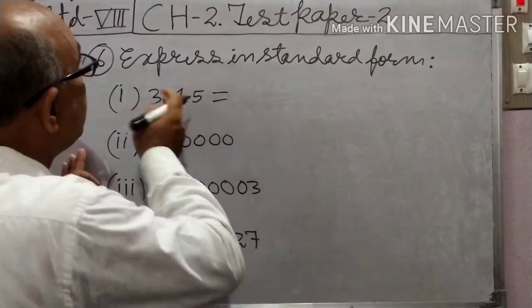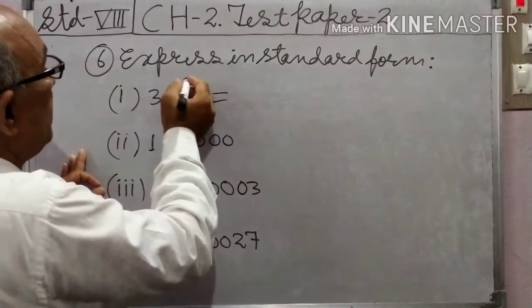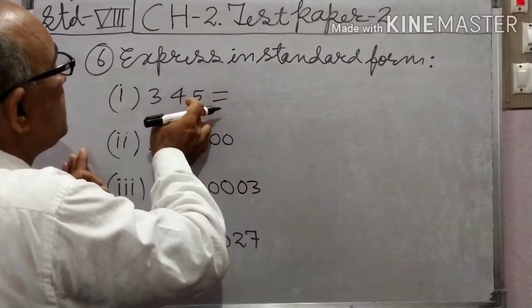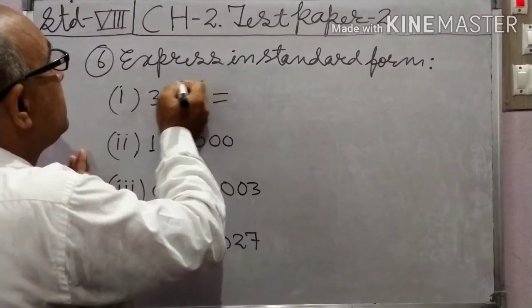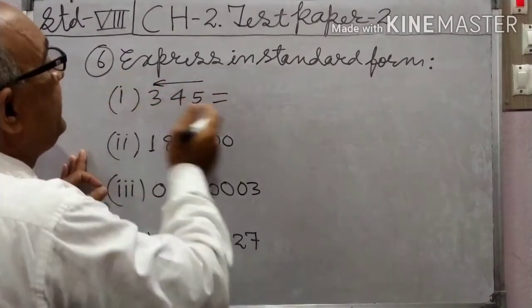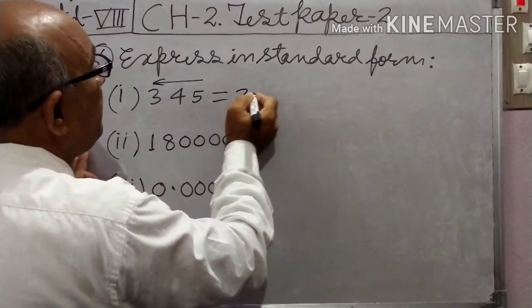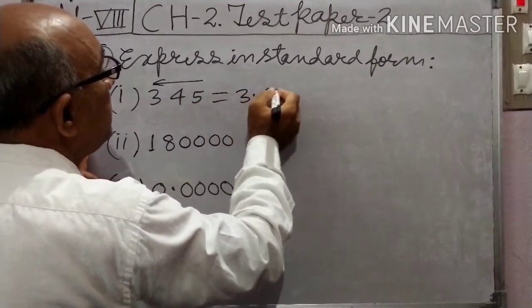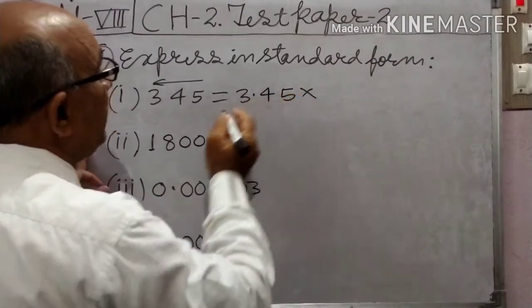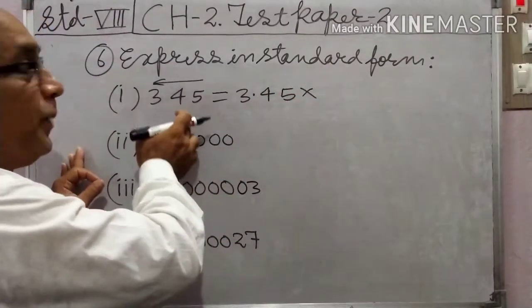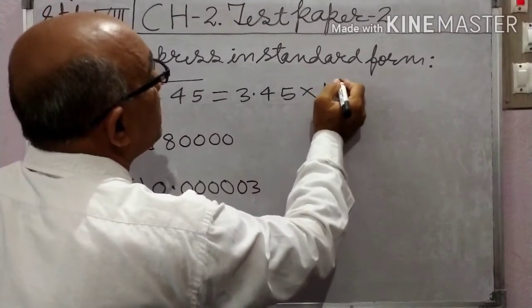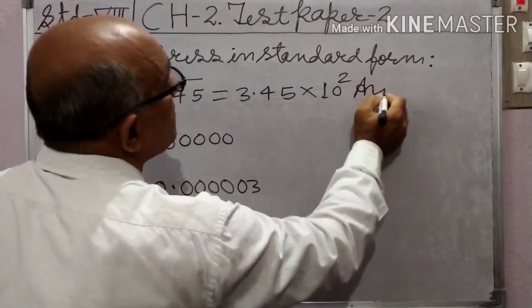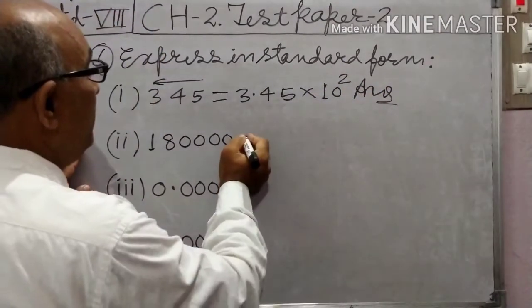So the decimal is shifted 2 places from right to left. So 3.45, decimal shifted here 2 places, so 10 to the power 2 is the answer of this question.